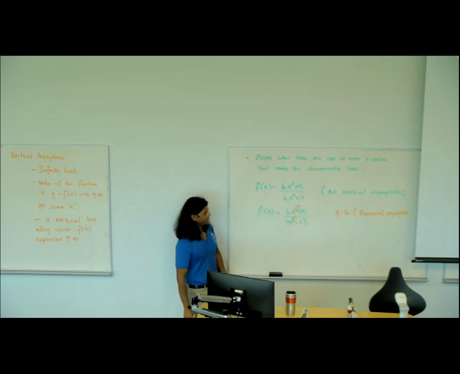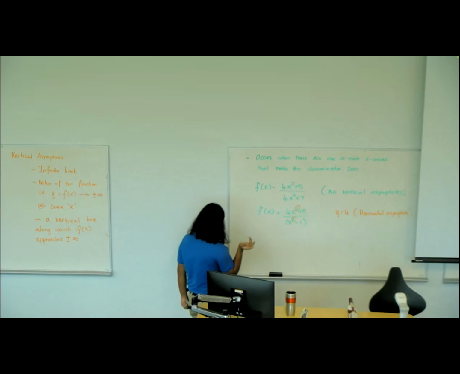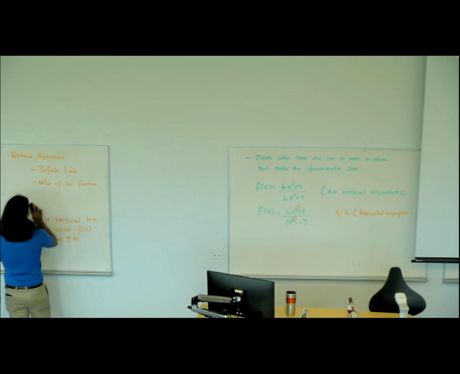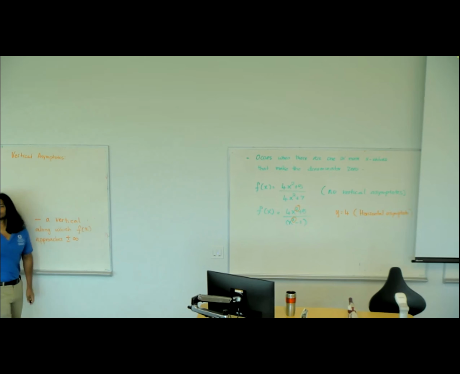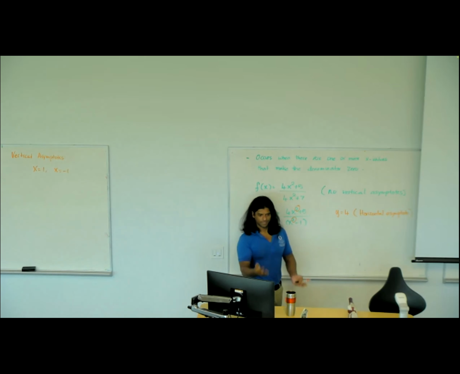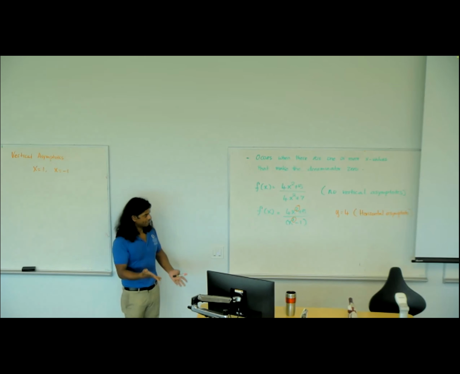Good. Great. Is there a vertical asymptote? In other words, can you think of numbers that should make the denominator 0? Positive or negative 1. If you plug in 1, 1 squared minus 1 is 0; in parentheses, negative 1 squared minus 1 is 0.